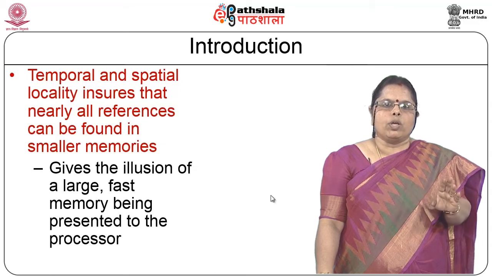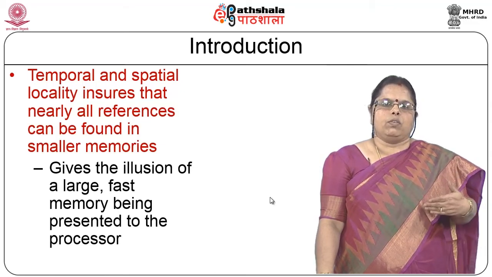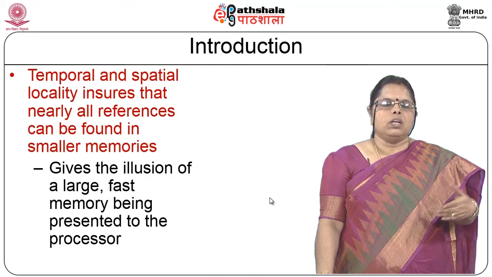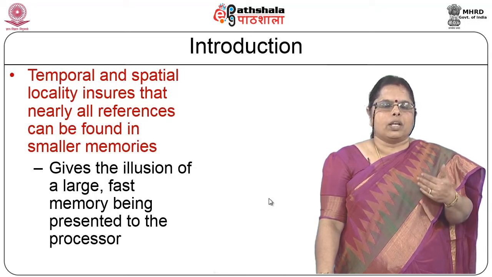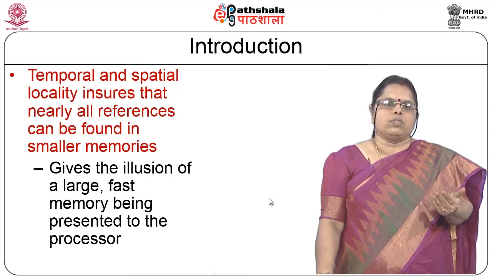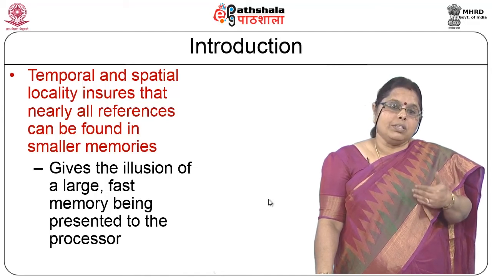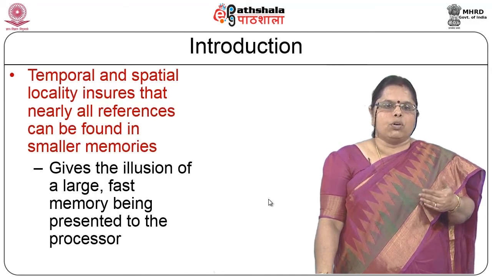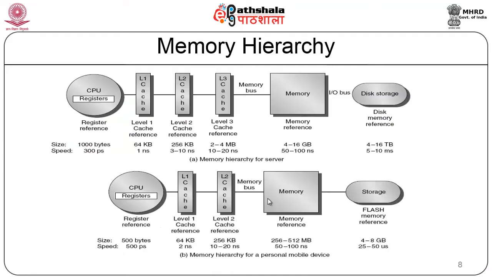Even though we are not able to accommodate the entire program in the first level of memory, which is closest to the processor, because of the temporal and spatial locality of reference existing in these programs, we are able to give the references to the processor, and most of them are found in these memories themselves. This gives us an illusion of a large, fast memory being presented to the processor. So, this is an example of the hierarchical memory system.